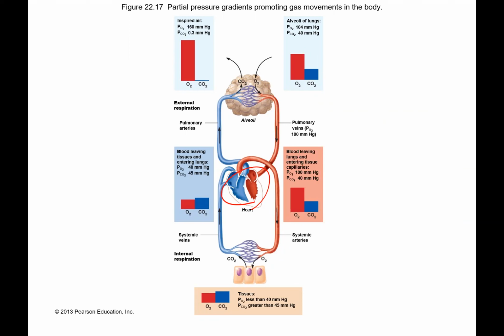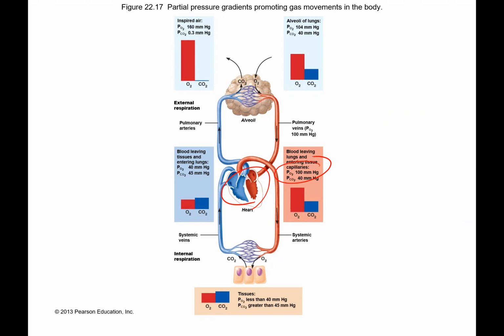Okay, so as blood is leaving the lungs and entering tissue capillaries, you're going to get a partial pressure of oxygen of about 100 millimeters of mercury, and of the CO2 part, about 40 millimeters of mercury.